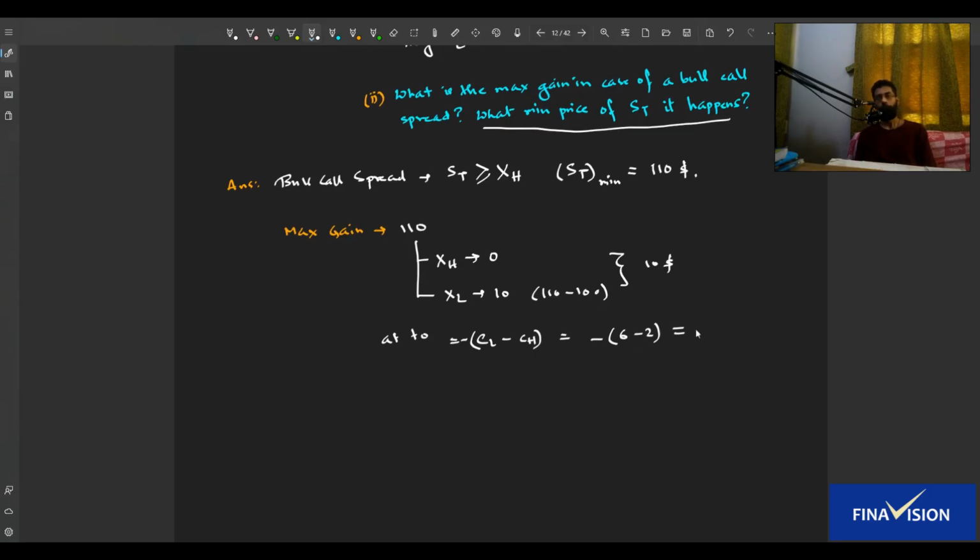Minus 6 plus 2 is equal to minus $4. So the maximum gain is the difference between the spreads net of the premium difference, so $10 minus $4, because this $4 is a net cash outflow. So the maximum gain is $6.